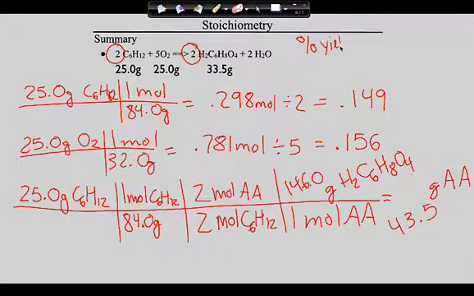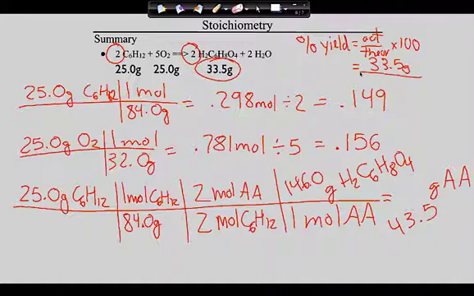Percent yield is equal to actual divided by theoretical times 100. Our actual yield is this, 33.5 grams. Our theoretical yield, which conveniently we just calculated, is 43.5 grams, times 100. Do the math. What's it work out to?